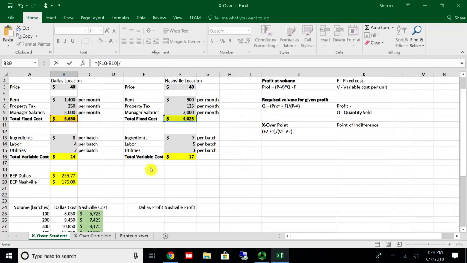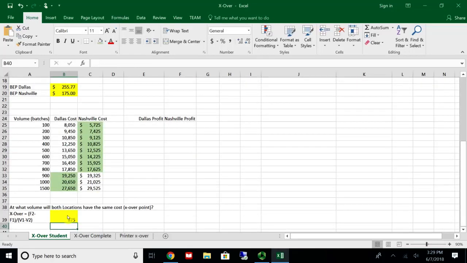And I want to divide that by variable cost 1, which was Dallas. And I need that parenthesis in there. Minus variable cost 2, which is Nashville. So again, we're just looking at the differences in fixed cost divided by the differences in variable cost.